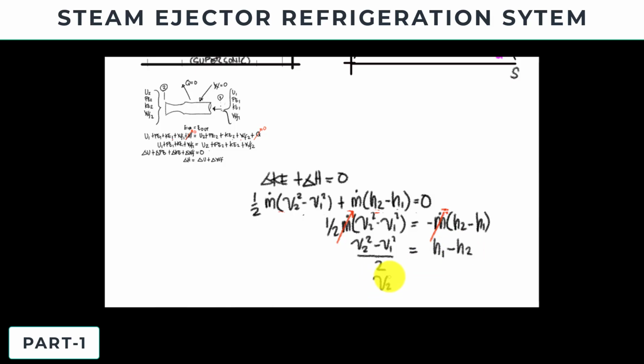Or velocity 2 squared minus velocity 1 squared is 2 times enthalpy 1 minus enthalpy 2.